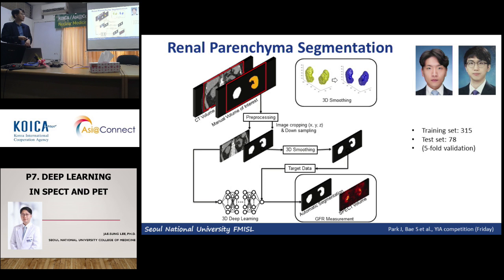So the deep learning network was trained to produce an automatically segmented image once the CT data is given to the network as an input. We repeated this training to make this output, and based on this automatically segmented kidney volume of interest, we could obtain the quantitative value of radioactivity in the SPECT.